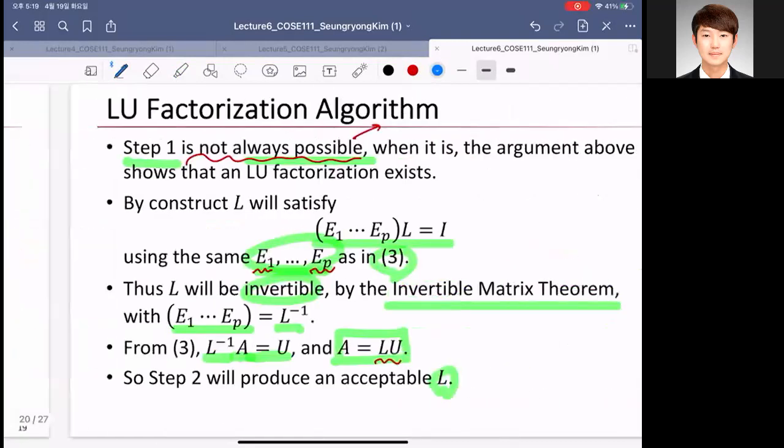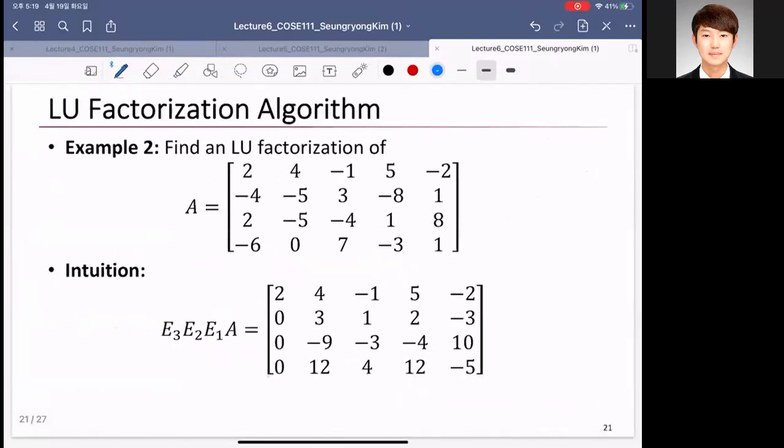Any question? No? Okay. So today I will show you some examples for the LU factorization.